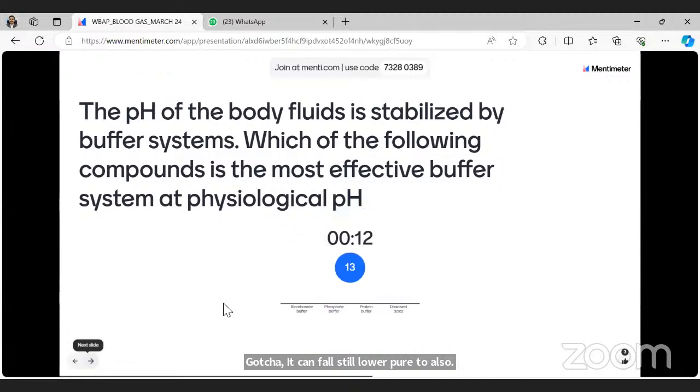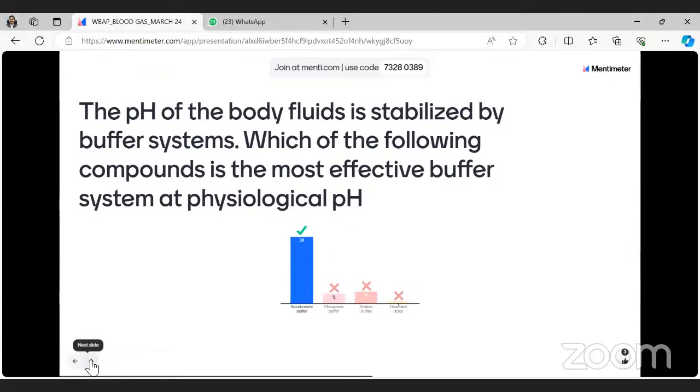Most effective buffer system. Bicarbonate buffer. Excellent.